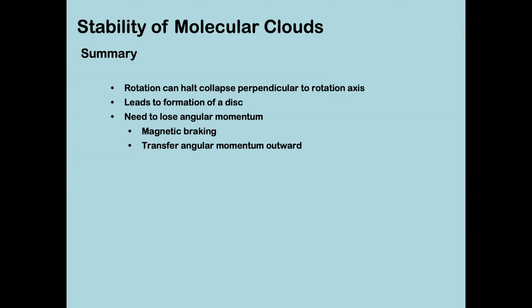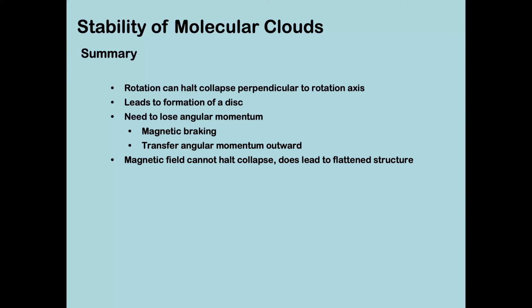You can transfer angular momentum in other ways, but in these magnetized clouds the most obvious is most likely the magnetic braking, unless you are in a big cluster or more complex environment where you can have exchanges, tides, and interactions with the surrounding material.